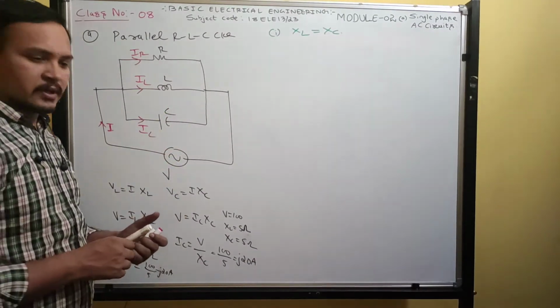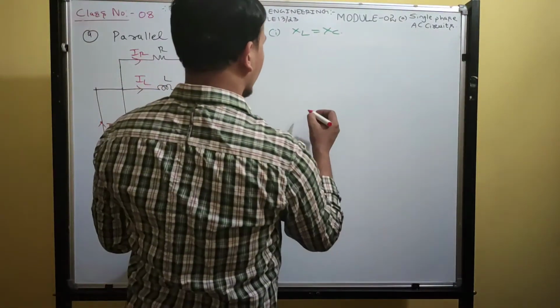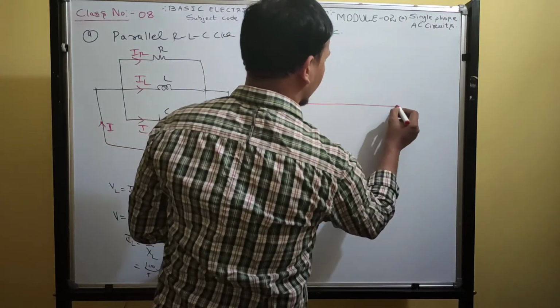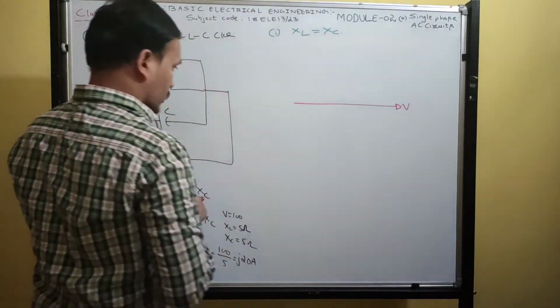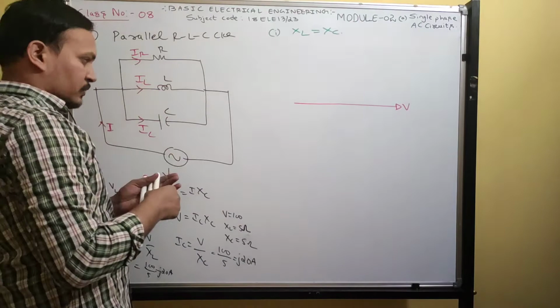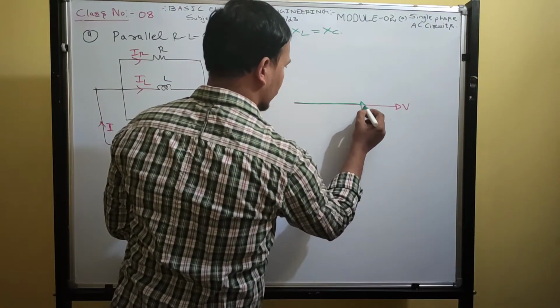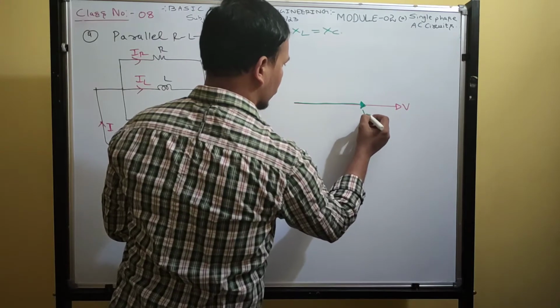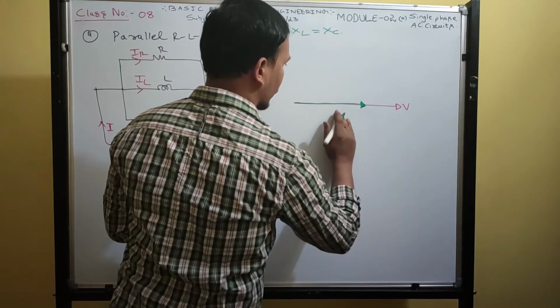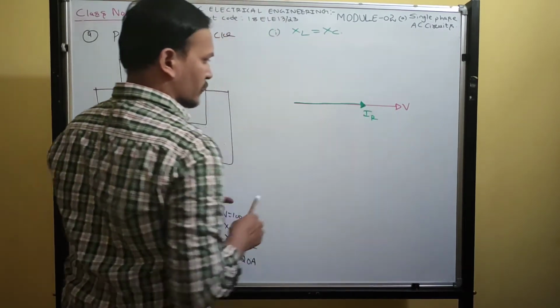We can draw the phasor diagram. Voltage is the reference. The current flowing through the resistor, IR, is in phase with voltage.